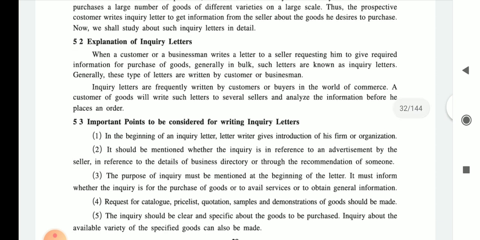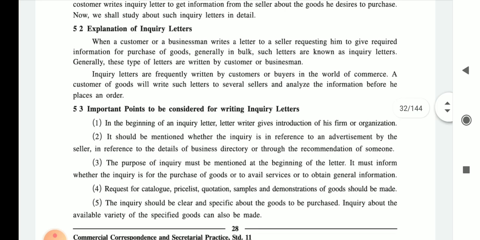When a customer or a businessman writes a letter to a seller requesting him to give the required information for the purchase of goods, generally in bulk, such letters are known as inquiry letters. So friends, you have to underline this because it is an important line and it can be asked as a 1 mark question.